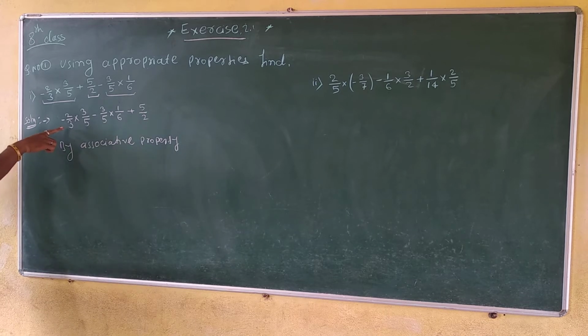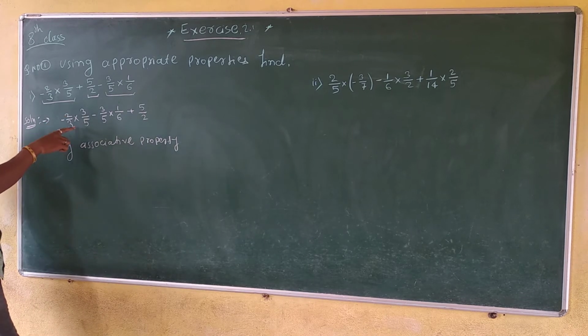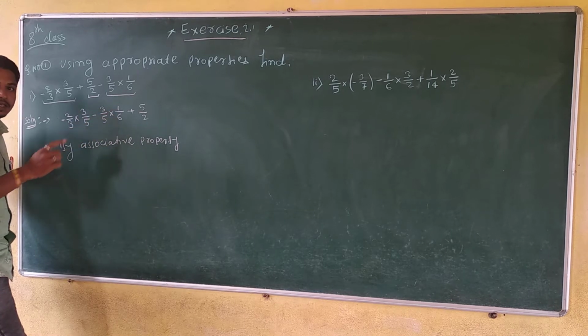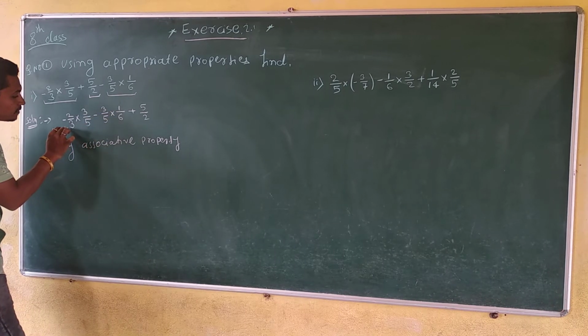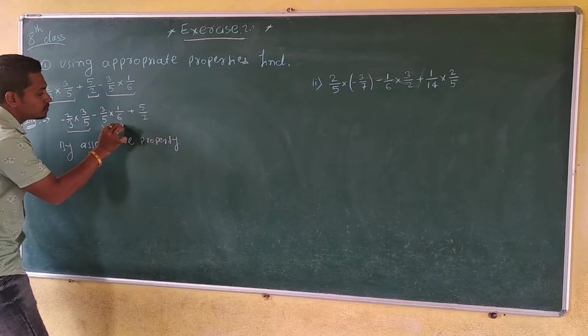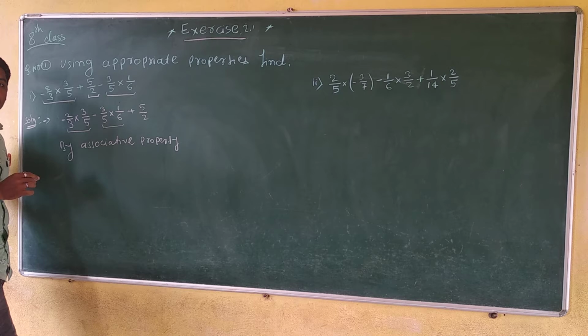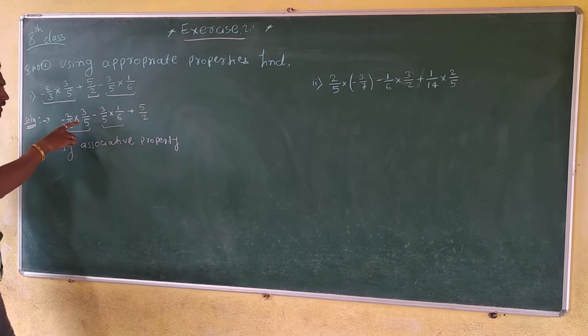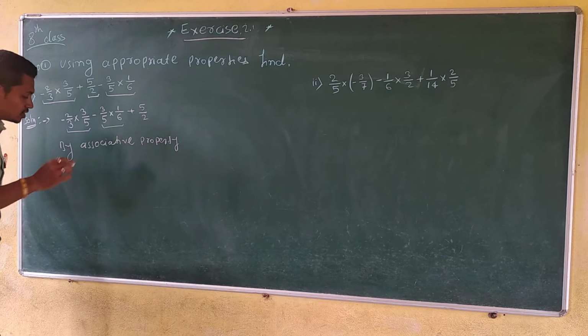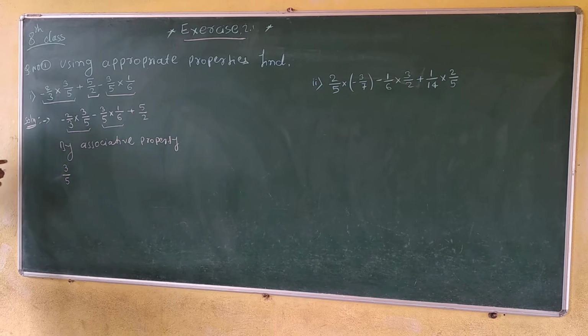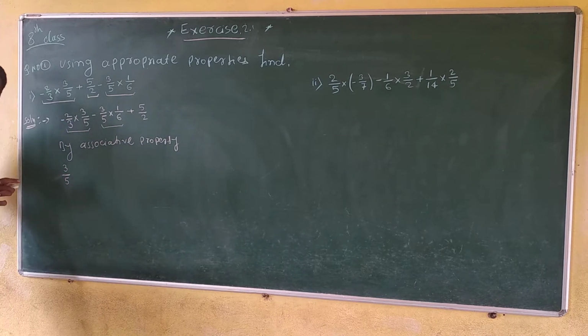See here. Now minus 2 divided by 3 into 3 divided by 5 minus 3 divided by 5 into 1 divided by 6. In between these two terms, which number is common? See here, 3 divided by 5 is common. So take 3 divided by 5 as a common factor.